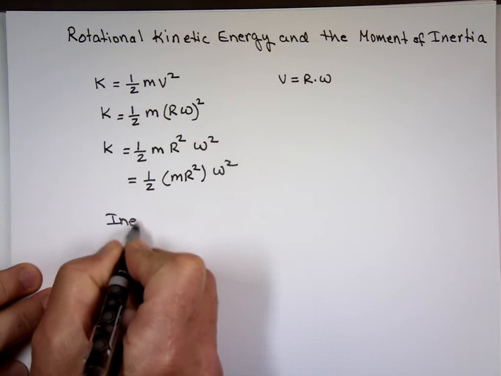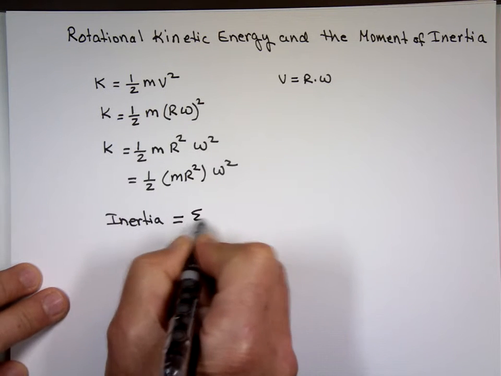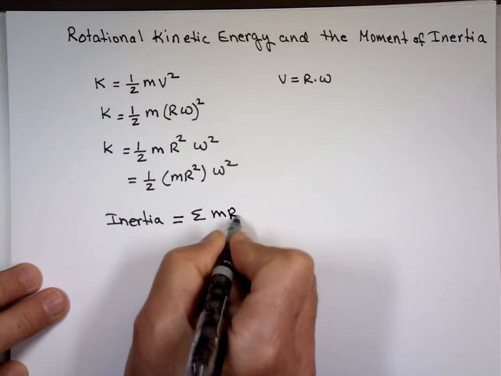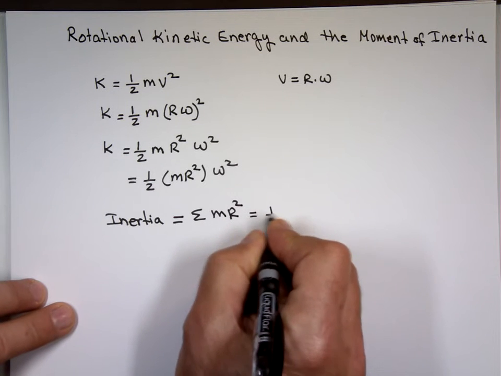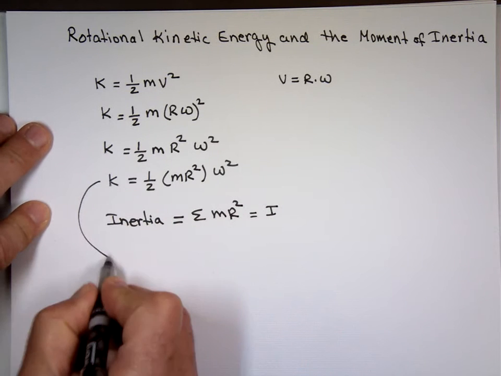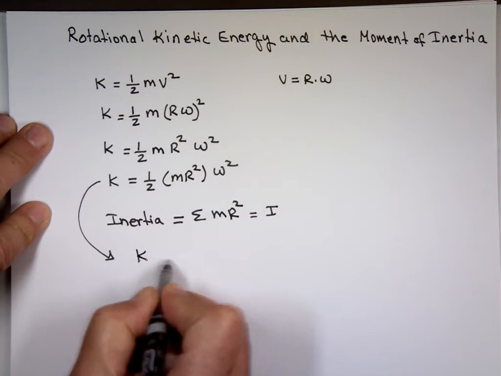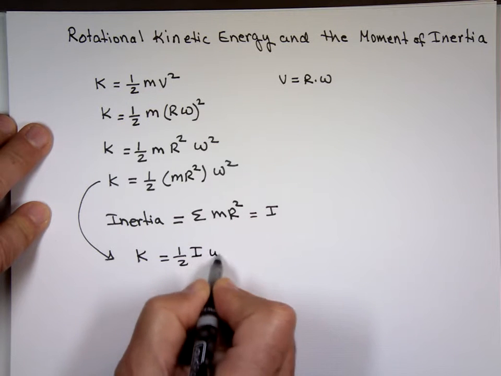Inertia is equal to the summation of mr squared. We use the letter I for that. So then you can take this equation, K, and write that as 1/2 I W squared.